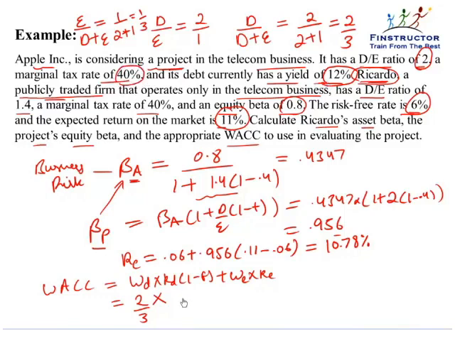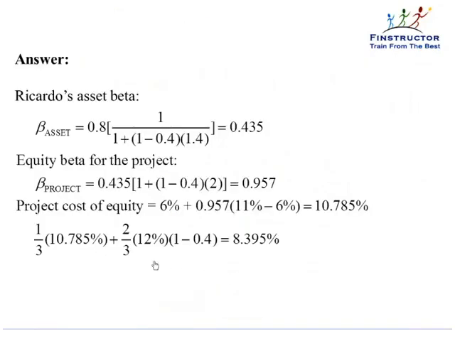I need the yield to maturity, but I need to adjust for the tax benefits that the debt is giving me, into 1 minus 0.4, plus weight of equity, that is 1 by 3, into 10.78%. Can easily be solved on our calculator and will come out to be approximately 8.395%. That is the WACC for the project.